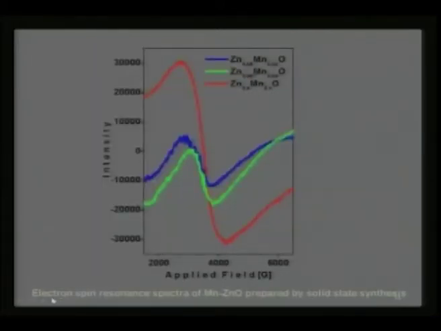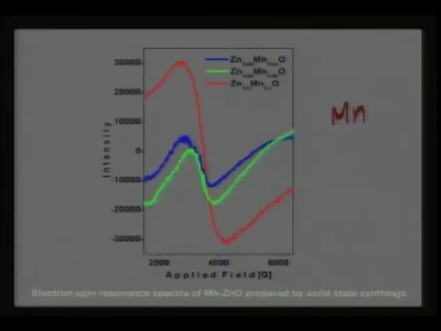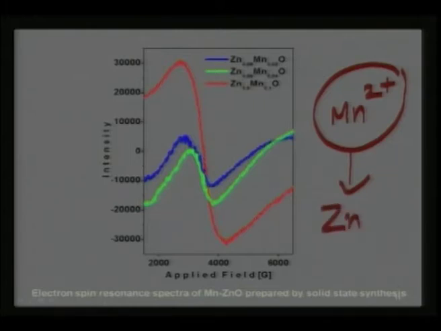Now if you look at the ESR spectra, ESR clearly gives you a clue about whether it is Mn2+ or not. In fact, doping Mn2+ in the solid state method is possible, but the ESR spectra does not give a clue that these are isolated Mn2+ cores sitting in the ZnO matrix. Why?